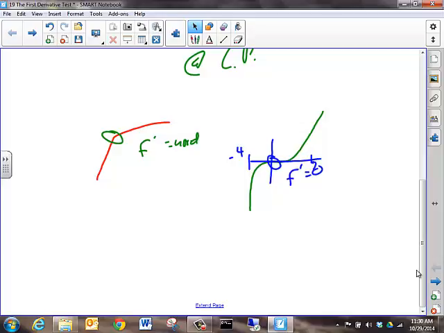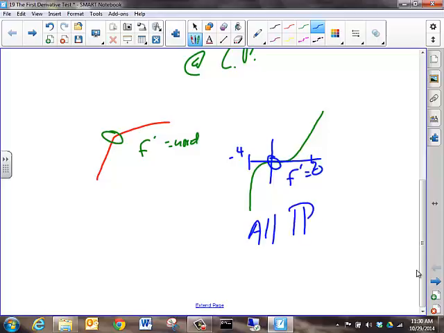Yes. This is not correct. All reals is not correct. That function is not increasing everywhere. Increasing from -4 to 7 is not correct because it's not increasing everywhere there.